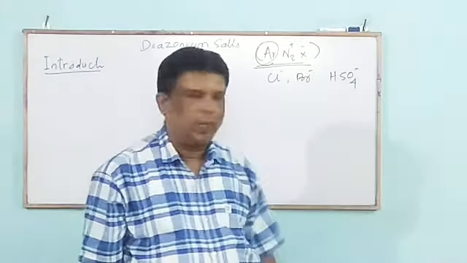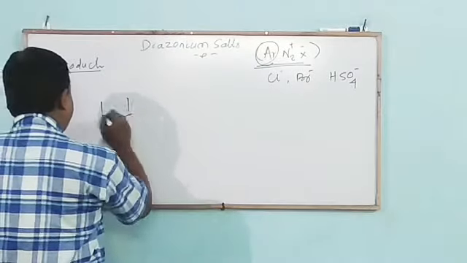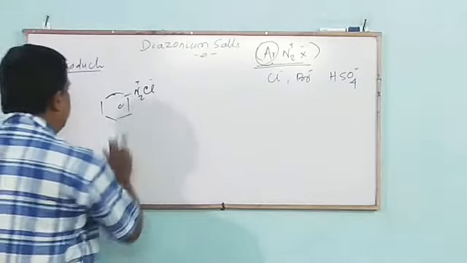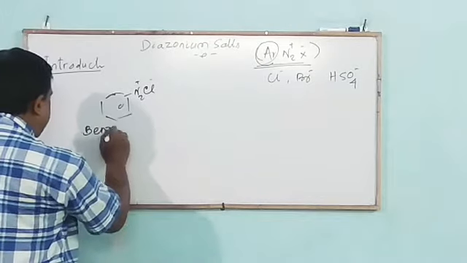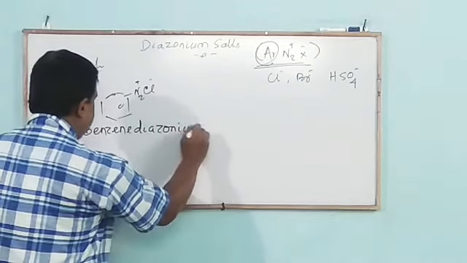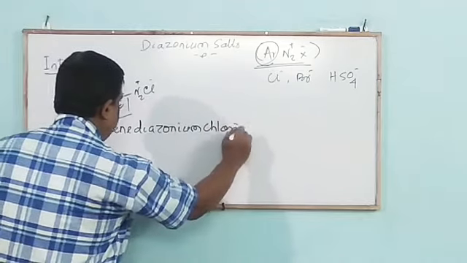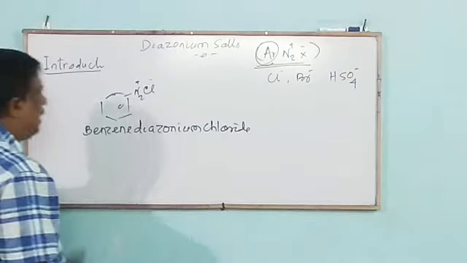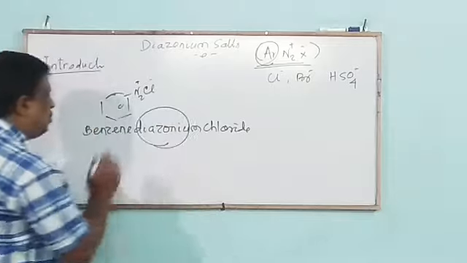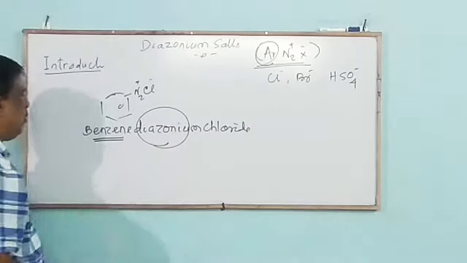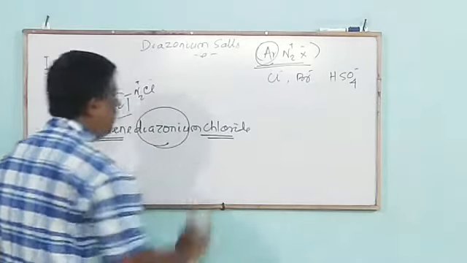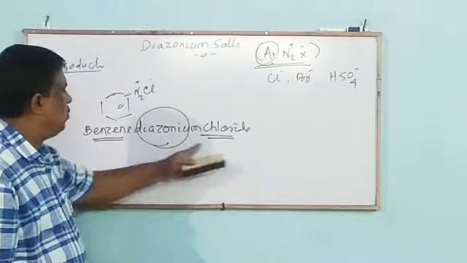For example, mark that, C6H5N2Cl. So it is known as benzene diazonium chloride. I repeat again. These arene diazonium salts are named by adding the suffix diazonium to the parent aromatic hydrocarbon from which it is derived, followed by the anion, that is benzene diazonium chloride.